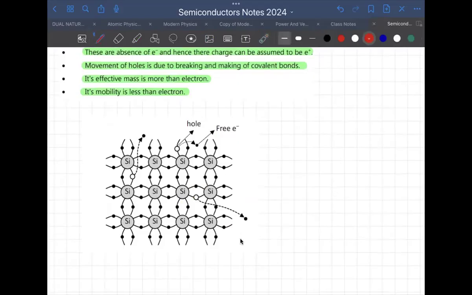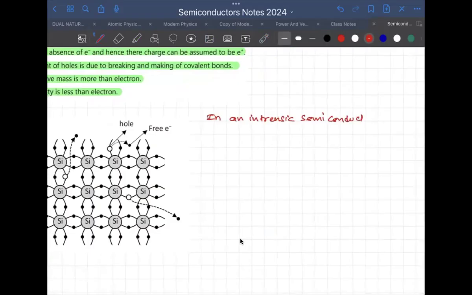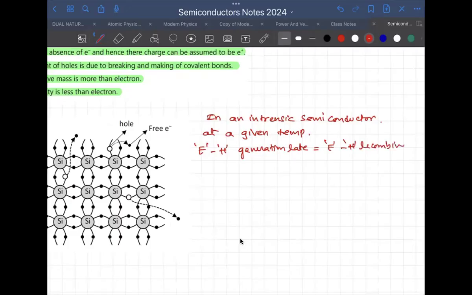So in an intrinsic semiconductor, at a given temperature, electron hole generation rate is equal to electron hole recombination rate.